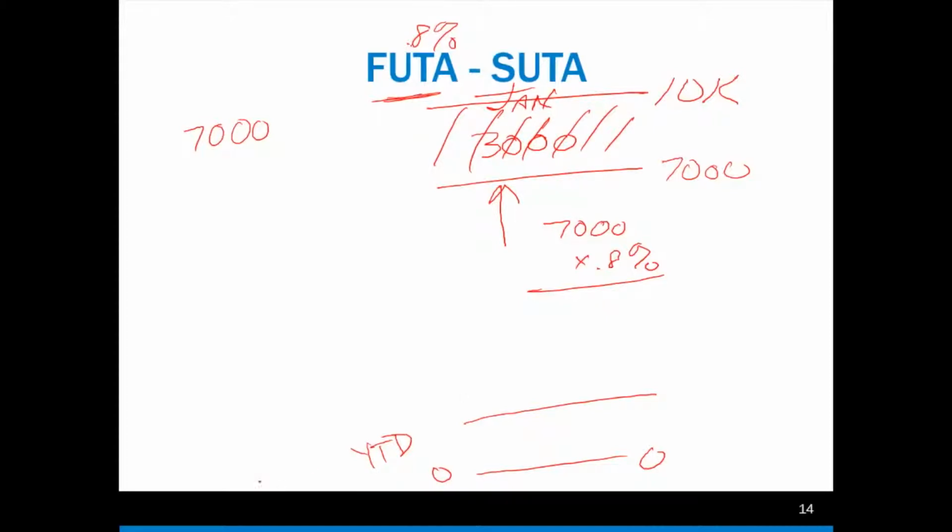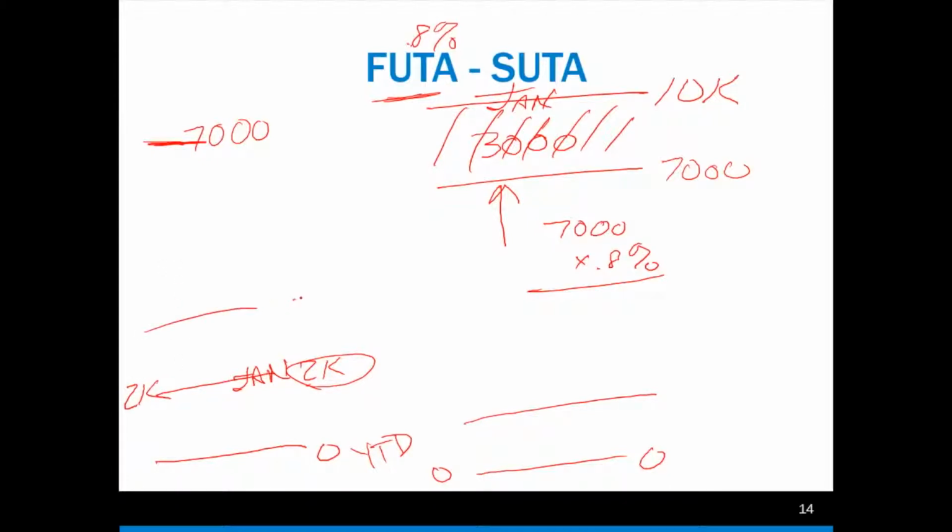Okay, let's go back over to another example. So here we're at 0, and here's our $7,000 limit. The person gets paid, say, $2,000 in January. So this full $2,000 is taxable. His year to date at the end of January is $2,000.